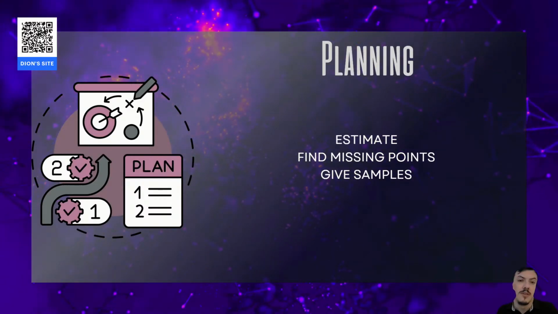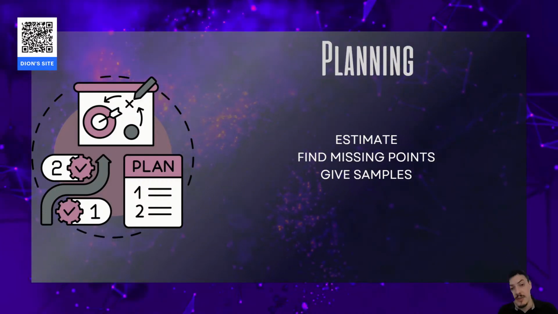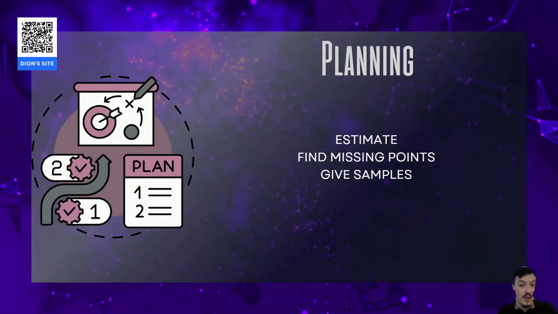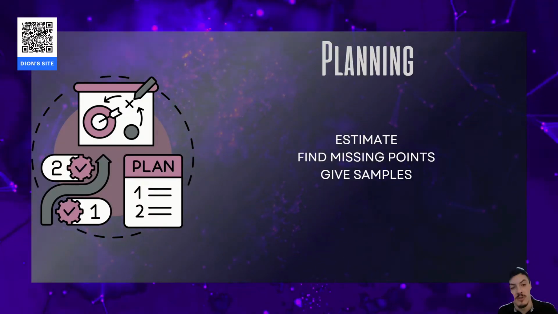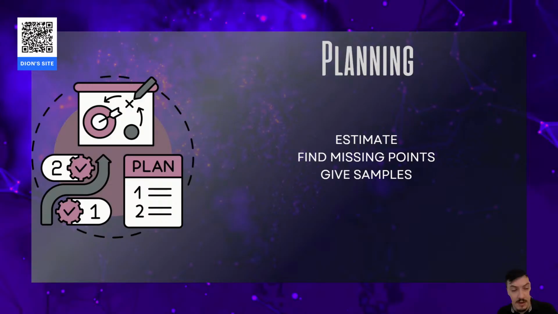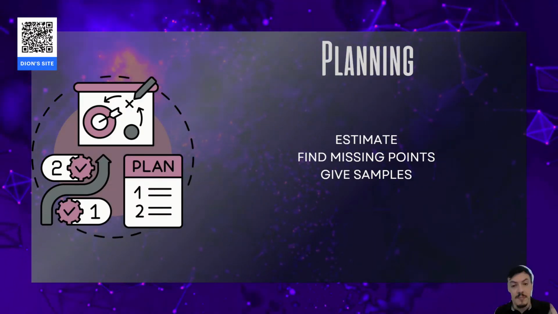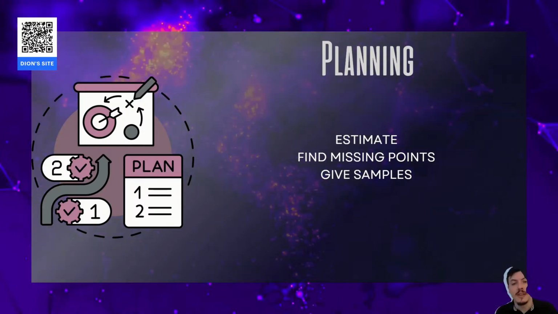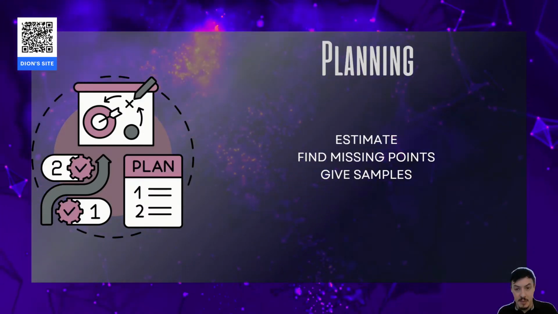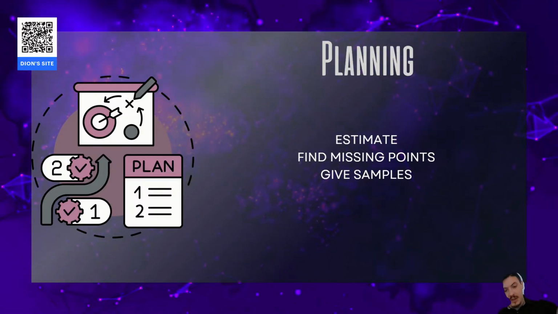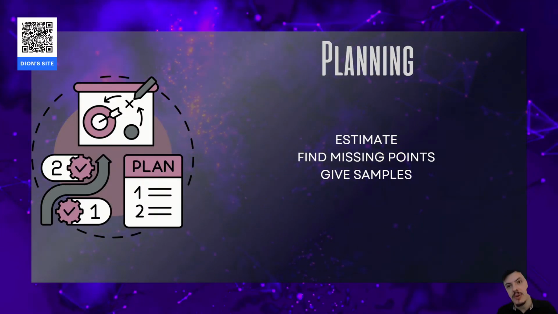Maybe there are some aspects, some business rules, some understandings that your planning has missing points, points that you did not cover, and the LLM will be good at clarifying that for you.